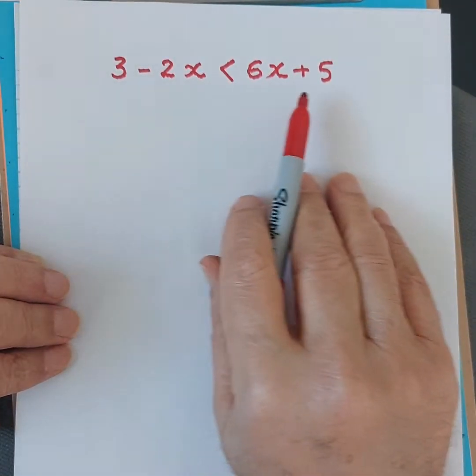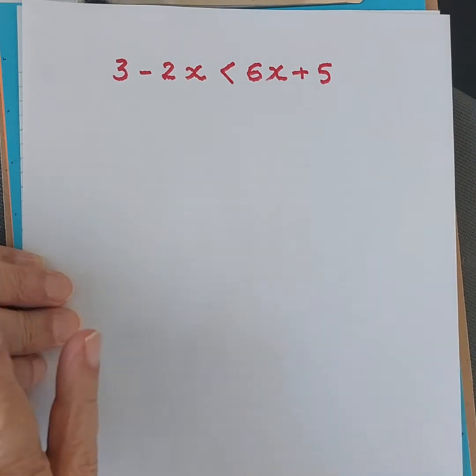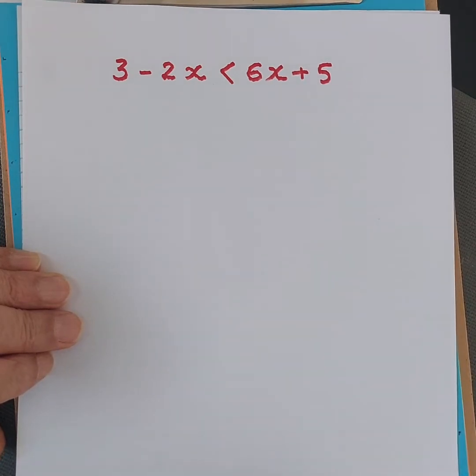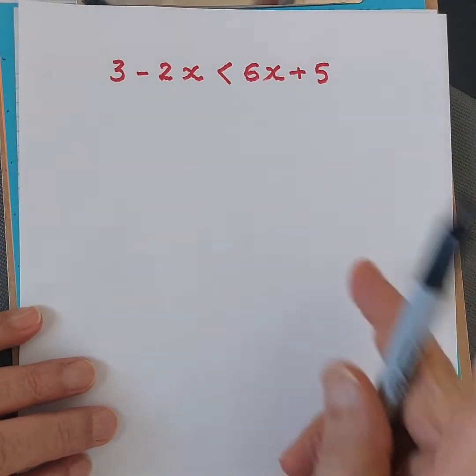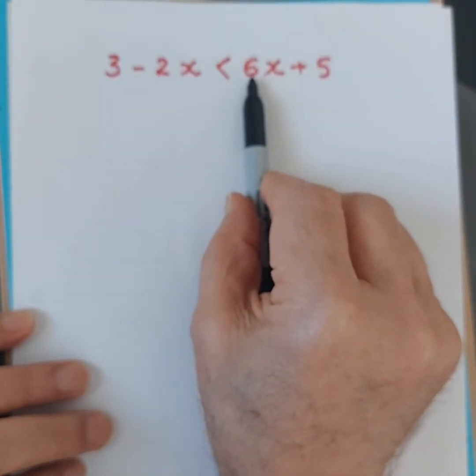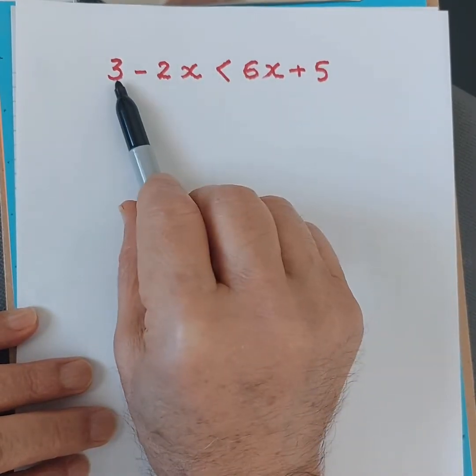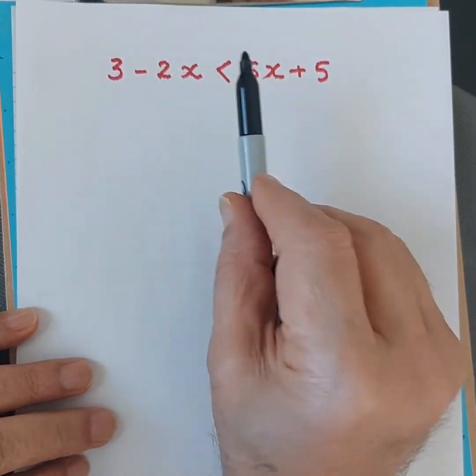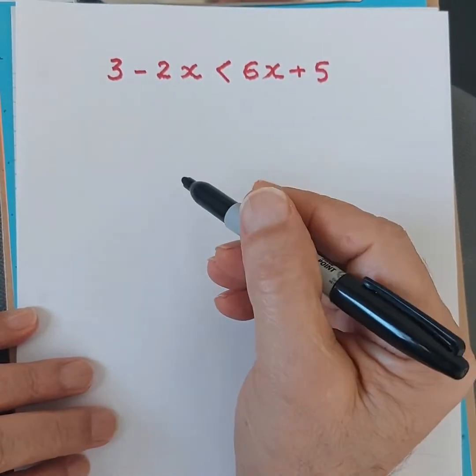When we have any inequality of this form, we start by putting all the terms with variable x on one side and all the other terms without x on the other side. I mean, here we have minus 2x, and we have 6x on the other side, and also we have a 3 and 5 on different sides. So we will make some moving.